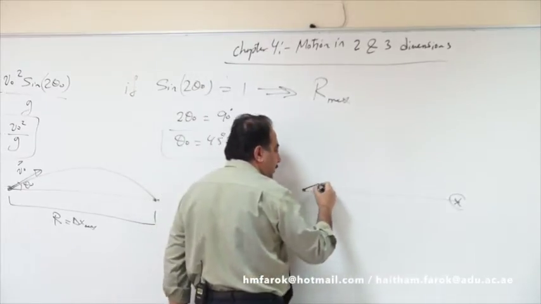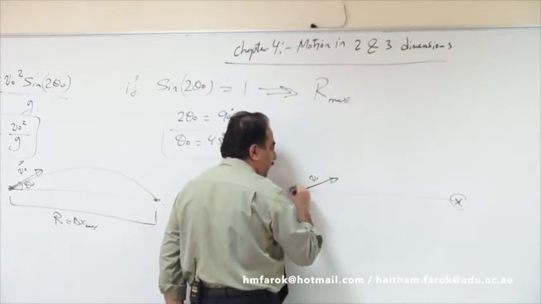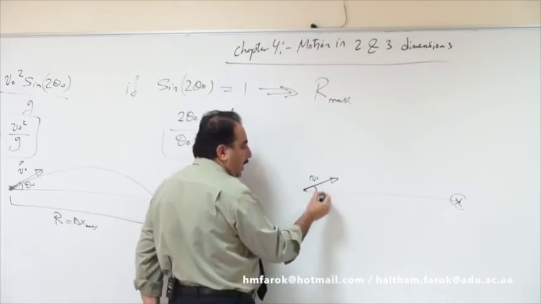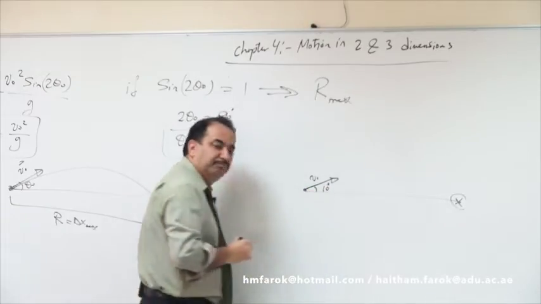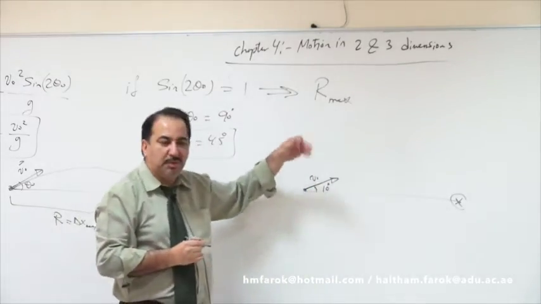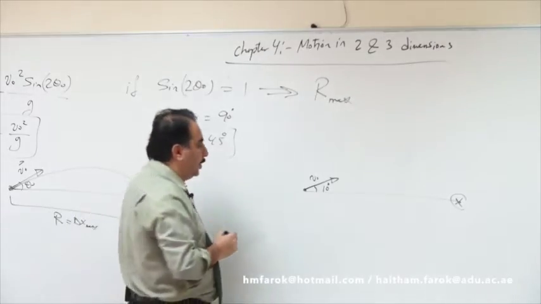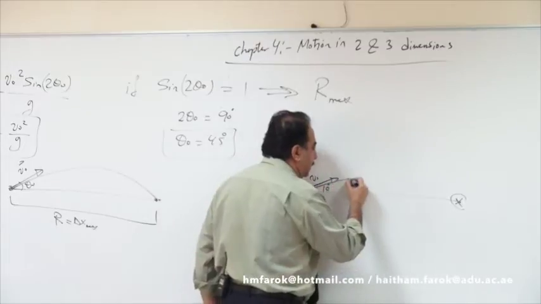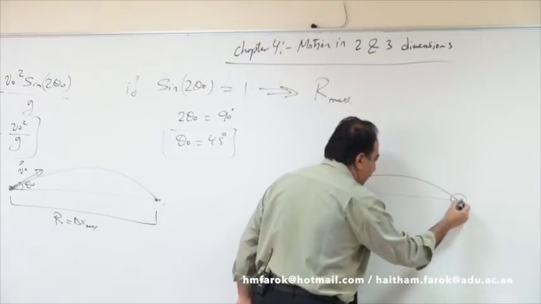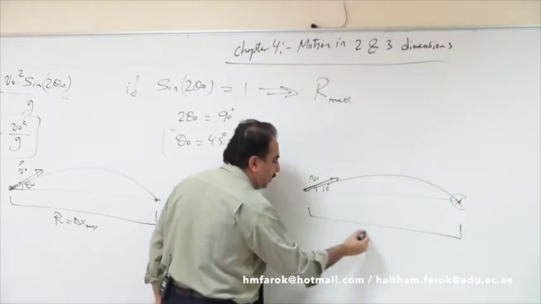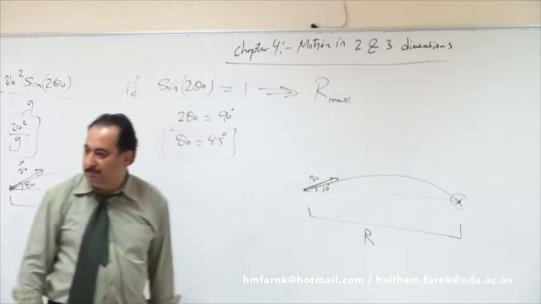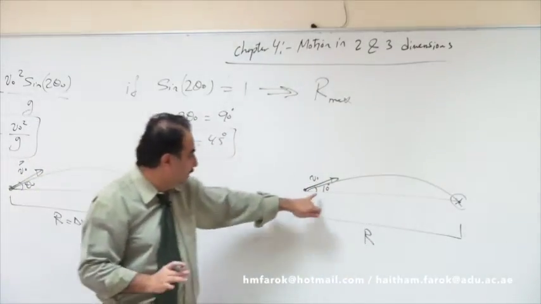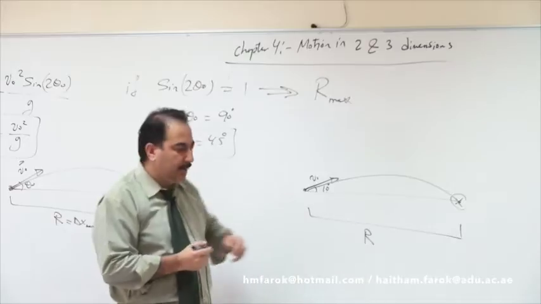And let's say you fire it with V naught, and the angle here, let's say, is 10 degrees. The speed could be 20, whatever. When you have this V naught and this 10 degrees, you see that this goes and hits the target exactly at this R. This is not R max, because this is not 45.